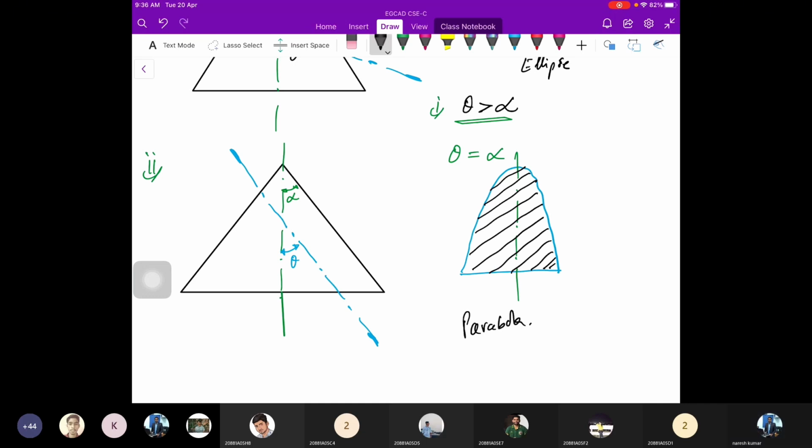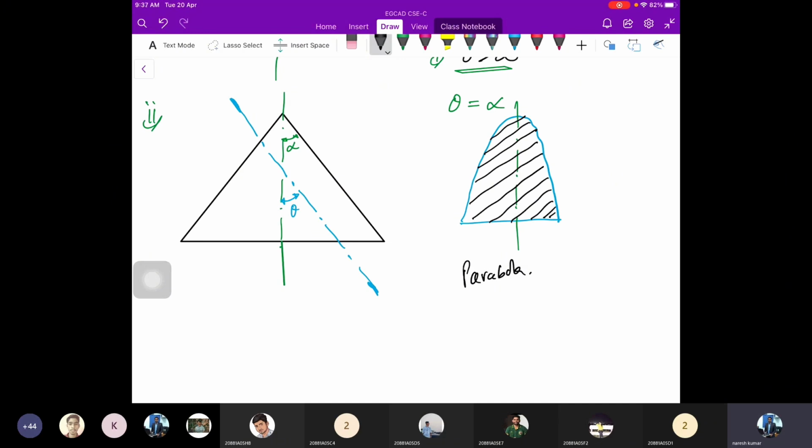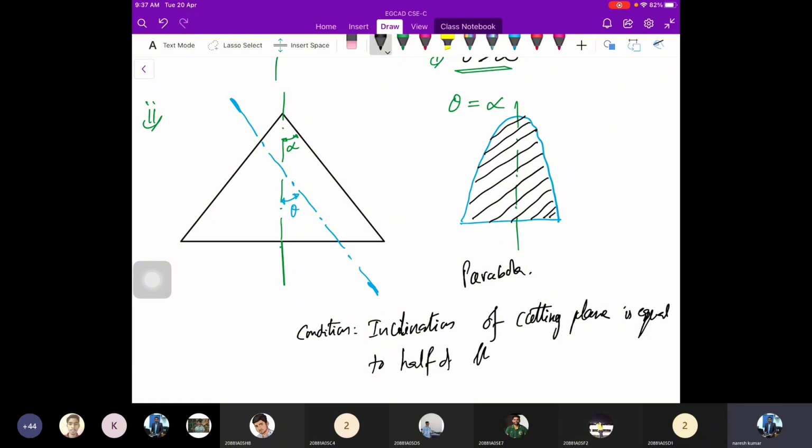That means if we want to get a parabola, the condition is that the cutting angle, the inclination of the cutting plane, should be equal to half of the apex angle.